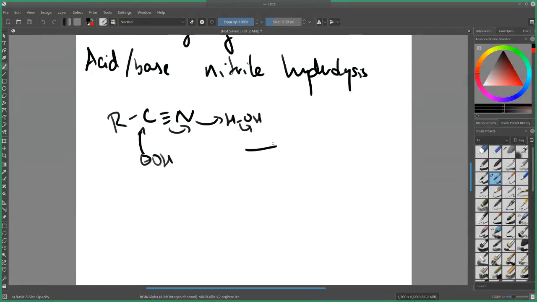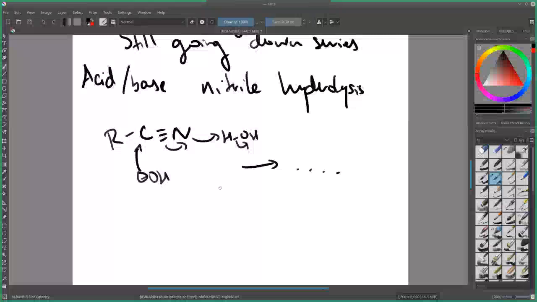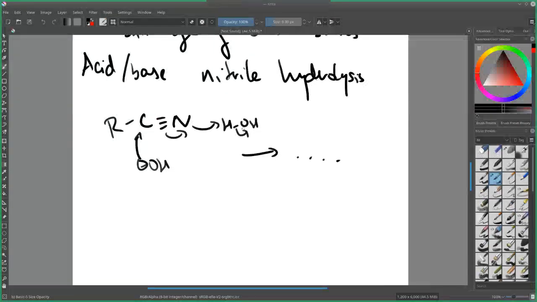Okay. And then so on. Right. And from there, you probably wind up getting an amide, and once you have an amide, well, then you're done. You can go from an amide to an acid. So these will generally go from nitrile to amide to acid.